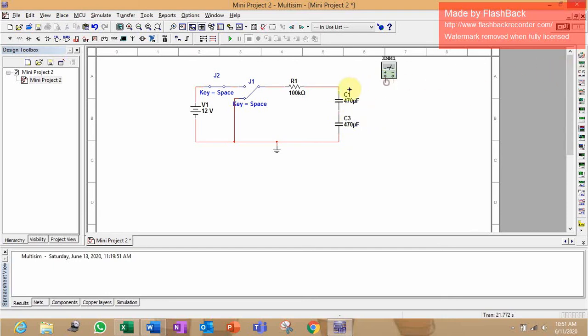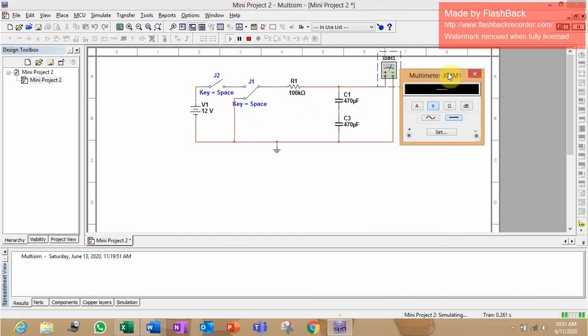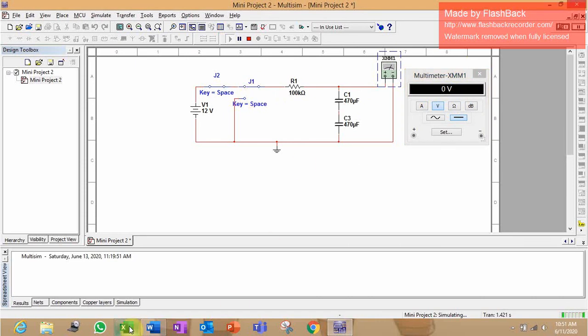The multimeter. So this is the two series capacitor RC circuit. Now let's run. The initial voltage is 0 volt. Close the switch for charging, and the voltage starts to increase.